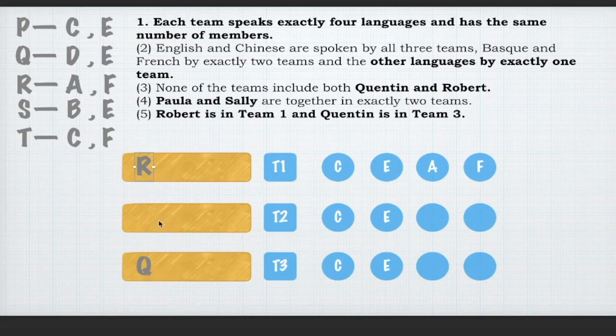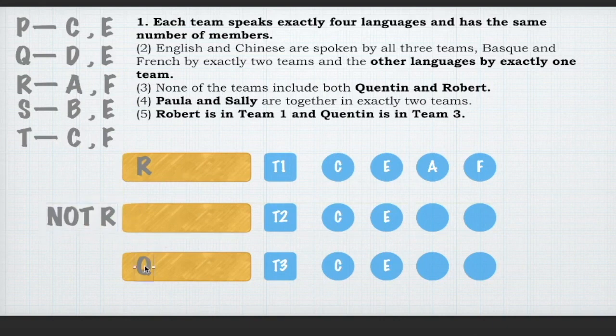But R cannot be in team 2 either because of this Arabic being limited to a single team rule, right? So if you want to capture that, you can definitely say you don't have R in this particular team, right?